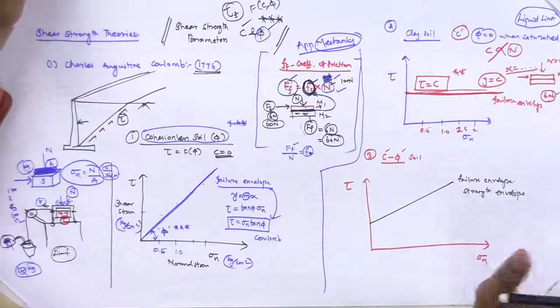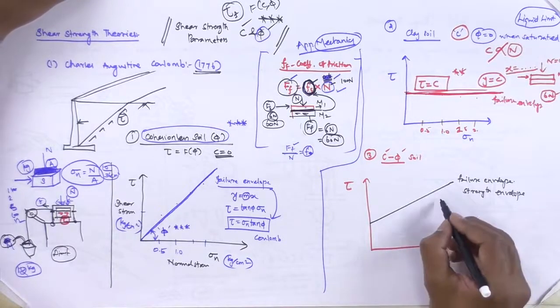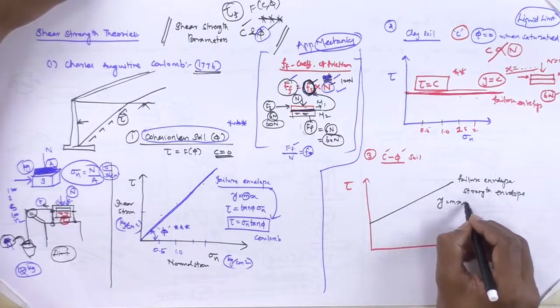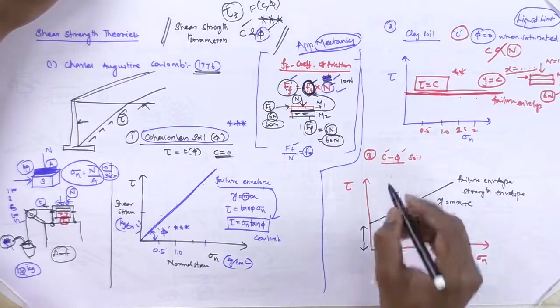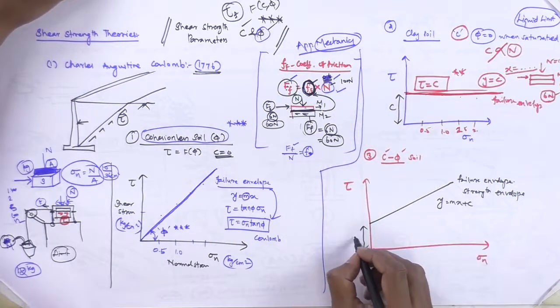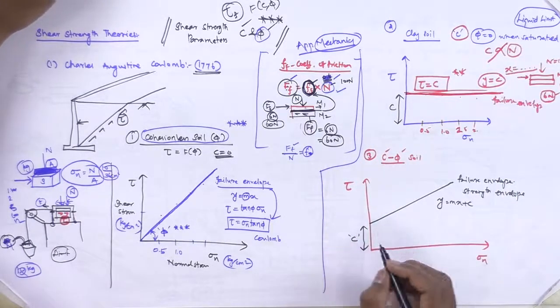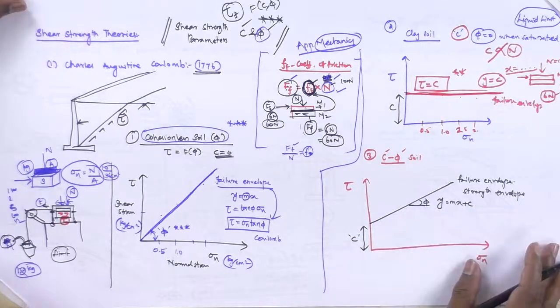So soil can give this much strength against this shear stress. This is like a y equals mx plus c equation. This intercept is called C, cohesion, and this is the angle of internal friction with respect to the horizontal plane.